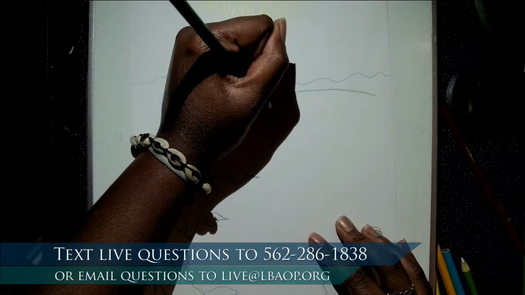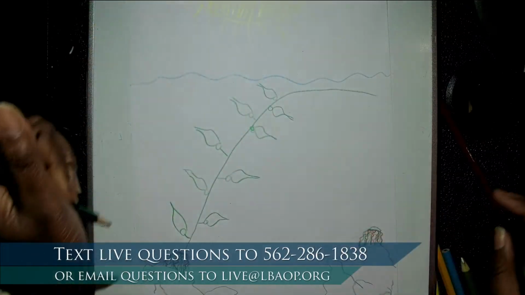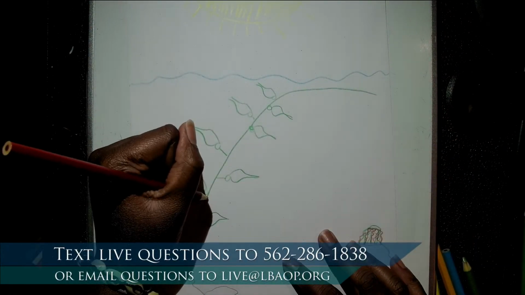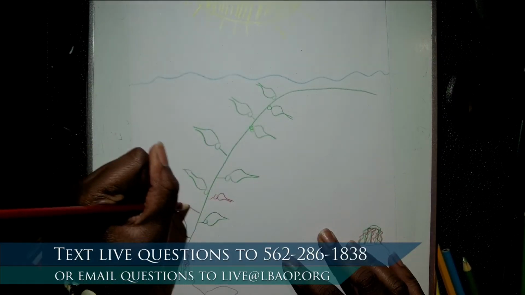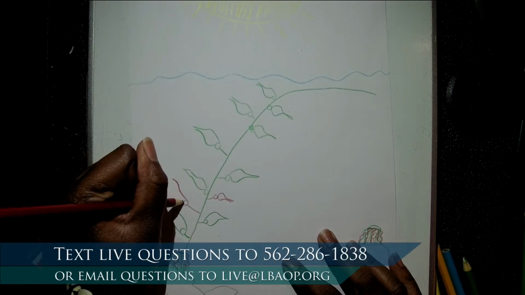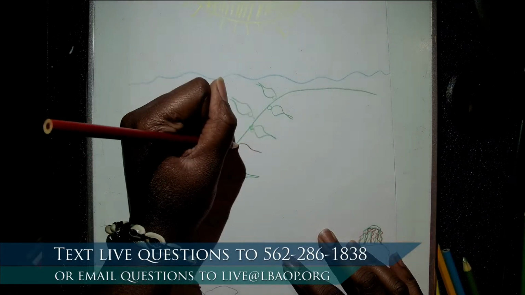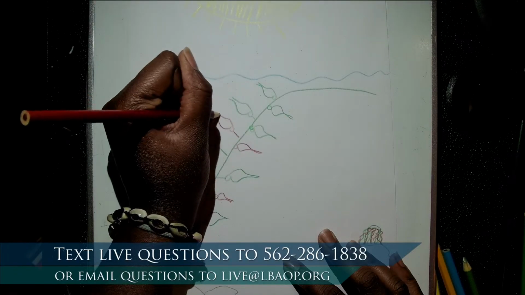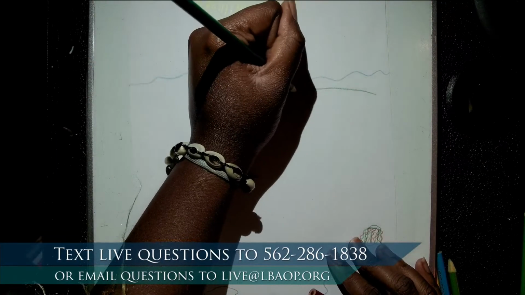It is just pure creativity. I might also add some brown leaves over here, just because I like the way that it looks with the brown. I think it makes for a nice picture. There we go. I'm going to add a couple more over this way.